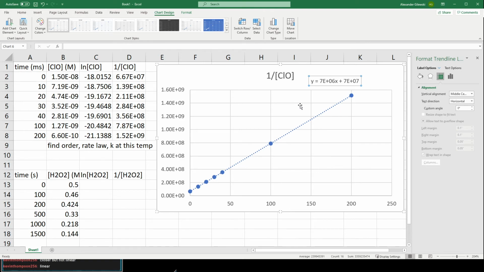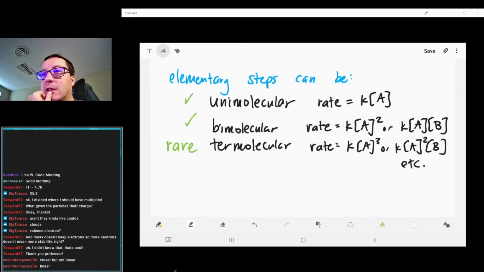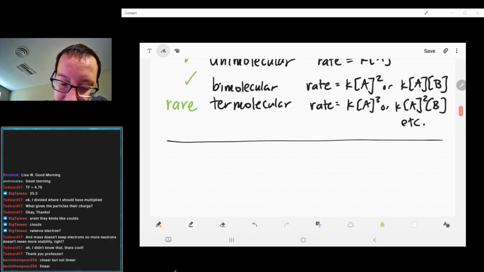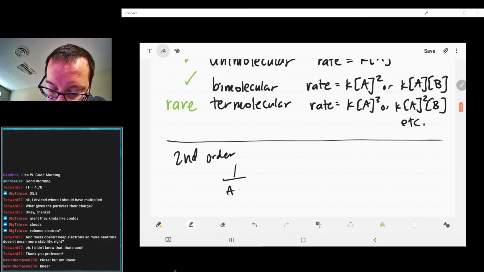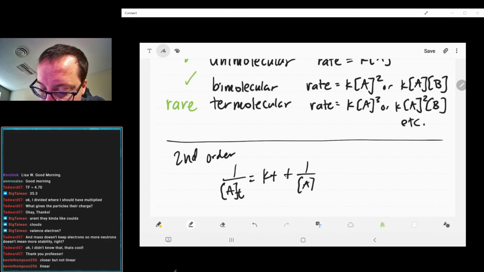So remembering, here let me put this aside for just a second. Remembering for a second order reaction, we have 1 over the concentration equals kt plus 1 over the initial concentration, right?